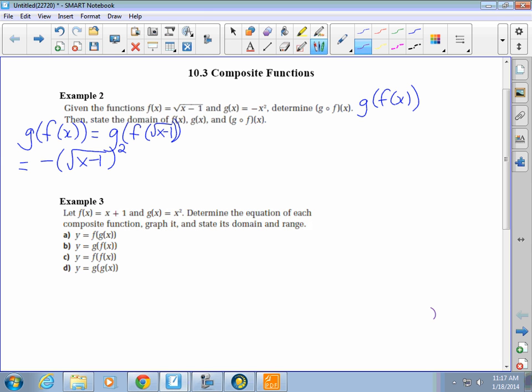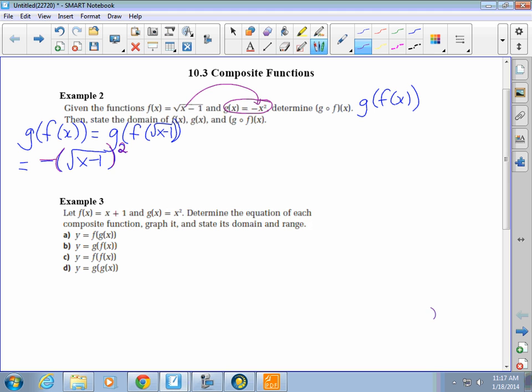So if I think of it this way, if my g(x) function is the purple, this is the g(x) function. My f(x) is being composed into that, so that means wherever there was an x, I'm going to substitute in square root x minus 1.